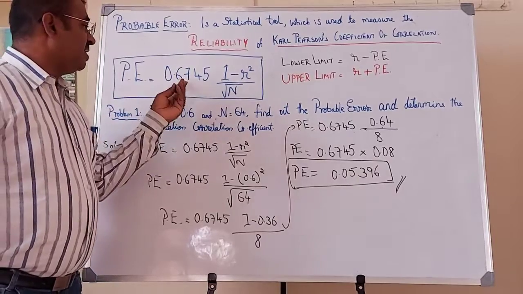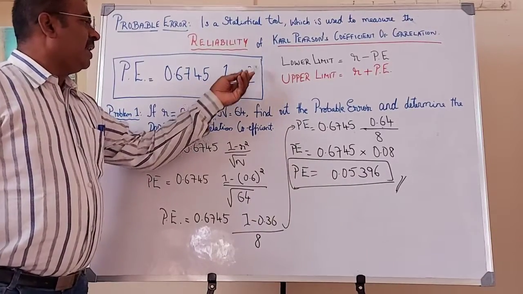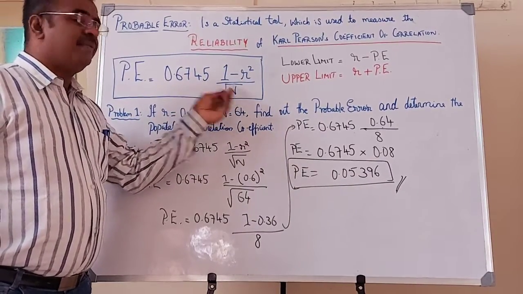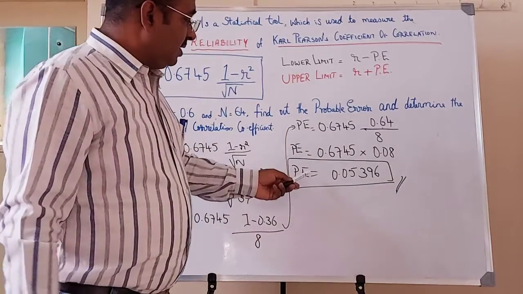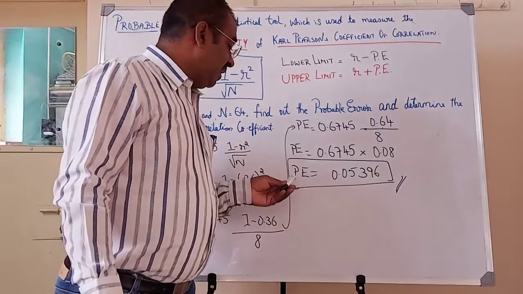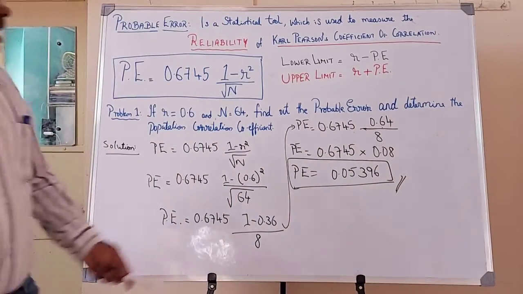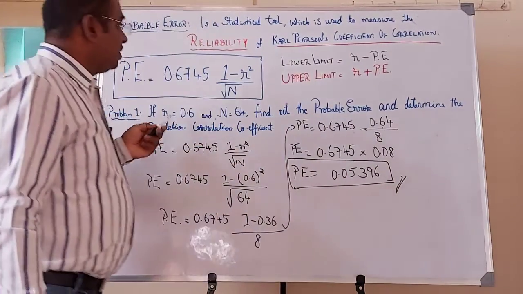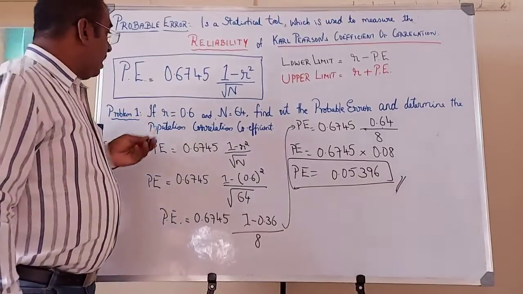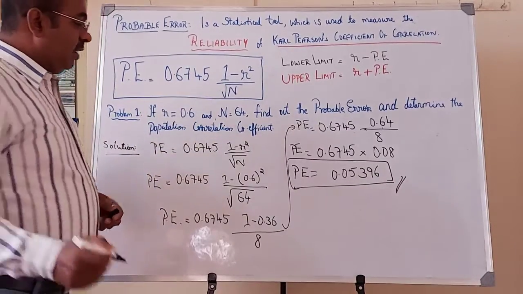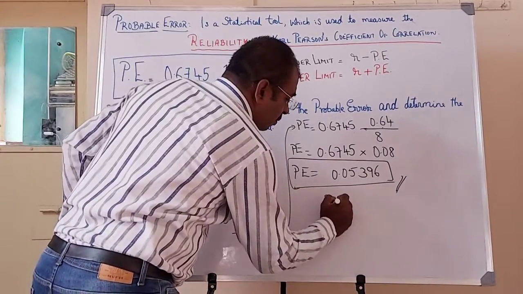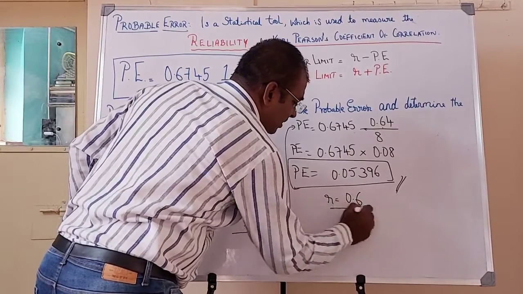We apply the formula 0.6745 into (1 minus r square) divided by square root of n. So this is the chances of getting probable error from the calculated correlation coefficient, which is r. Now we know that our r is equal to 0.6 here.